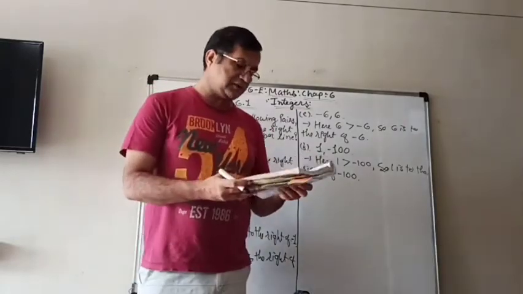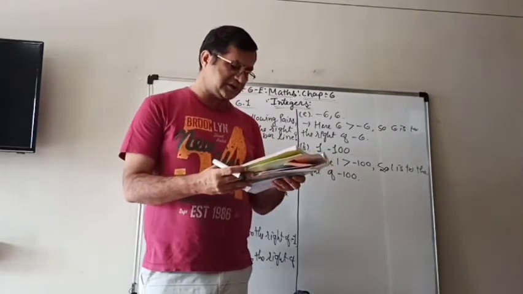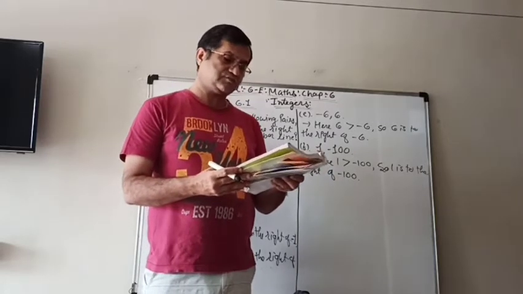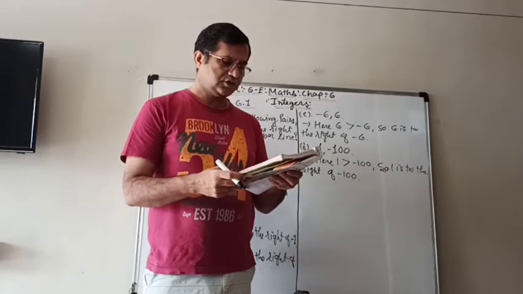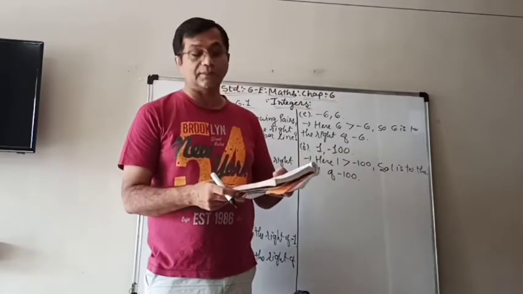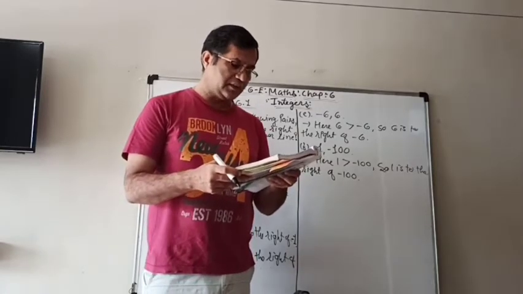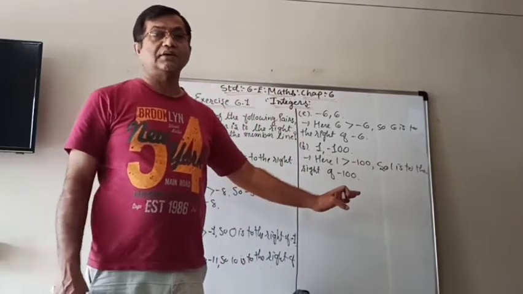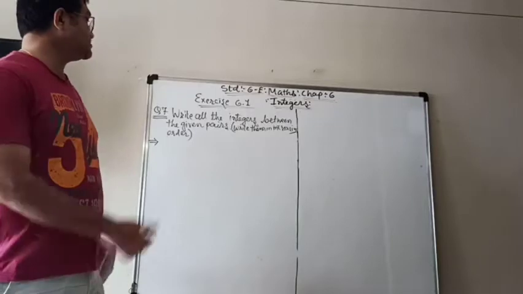So we know that when a number is greater, then it is always on the right side of the other number on the number line. So in this way we can write down the answers. Now question number 7.